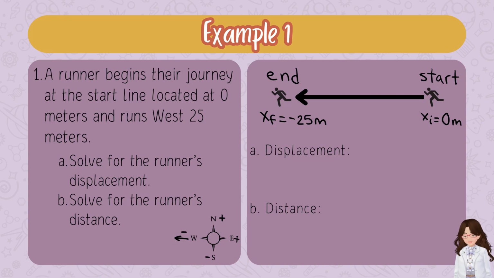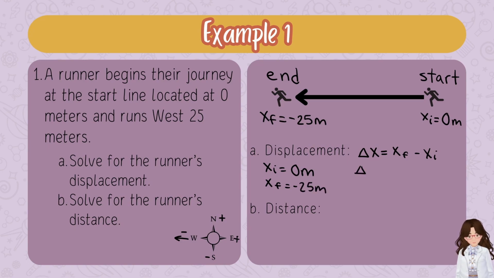So when I go to calculate my displacement, first thing I'm going to do is write my equation. Displacement is equal to my final position minus my initial position. And in this case here, I would plug in my values. I have xi or x naught is equal to 0 meters and x final is equal to negative 25 meters.